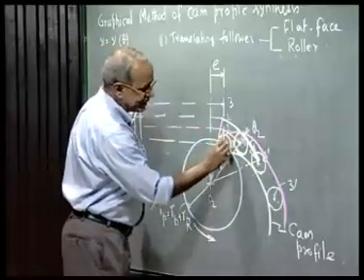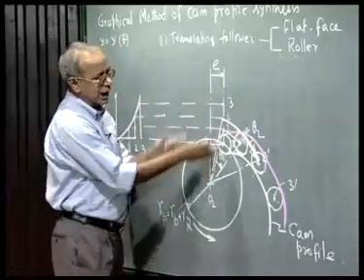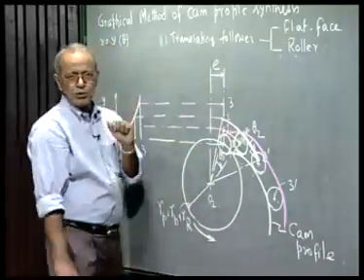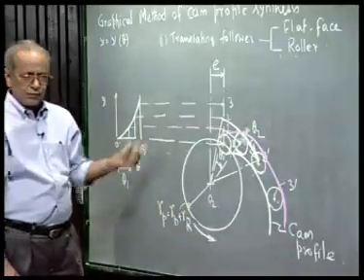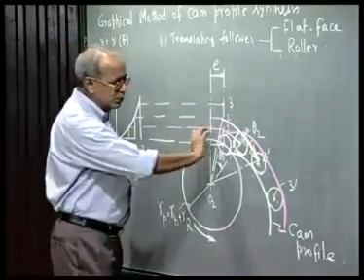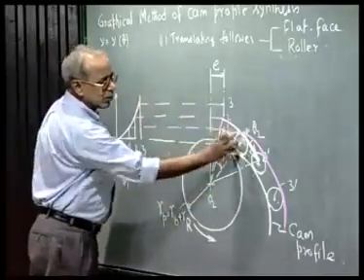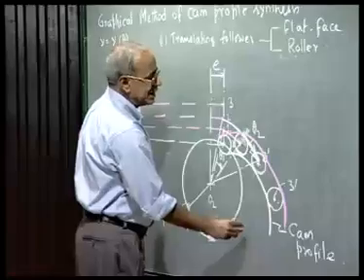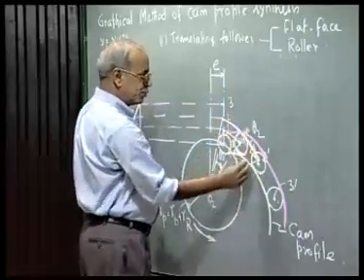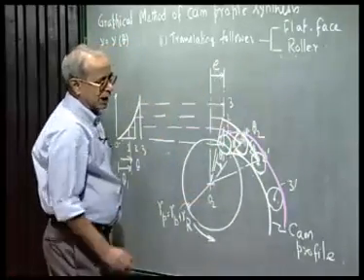Then I can use this as the groove in the cam face where I do not need a spring. As I told you earlier, without the spring for returning the follower, I can use a groove in the cam face and put the roller in that groove, and then the cam will always push it up and pull it down. There is no need to have a spring.